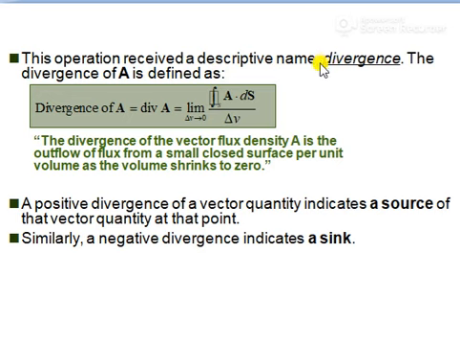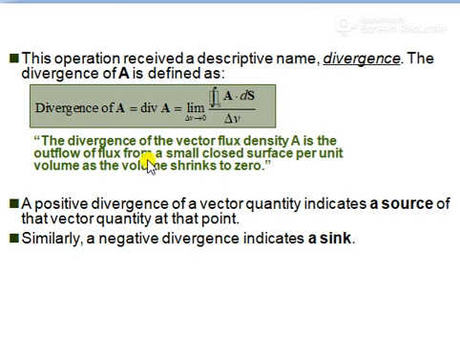The divergence of A is defined as div A, equal to the limit as delta v tends to 0 of the integration over the closed surface A dot dS divided by delta v.